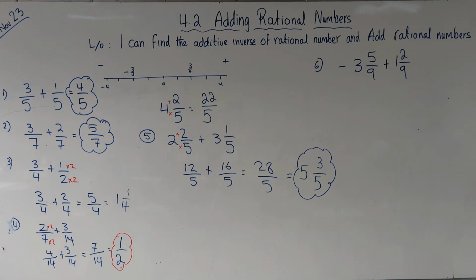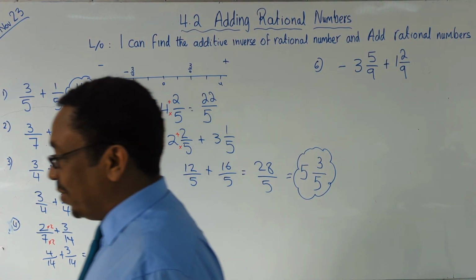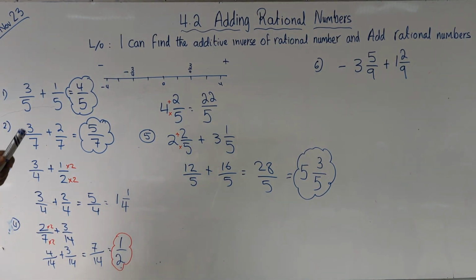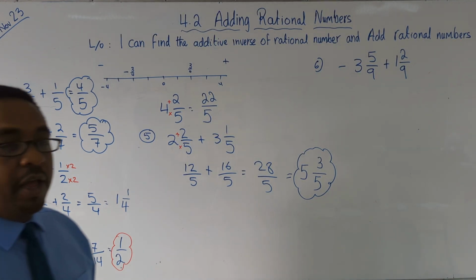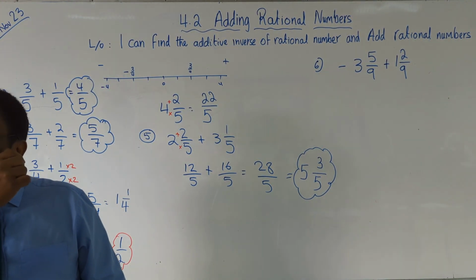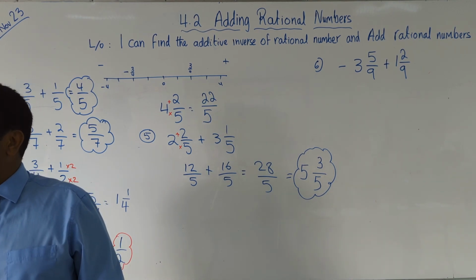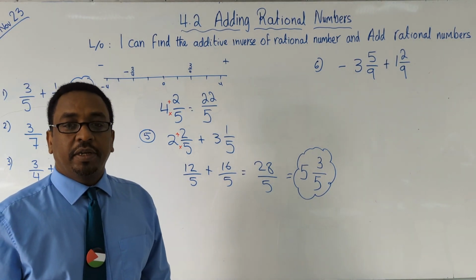Alright, let's see who's done it. Anybody done it? You're supposed to add these two fractions. Mister, I got the answer. You got the answer? Okay, let's check if your answer and my answer are the same. Sophia, you got it?